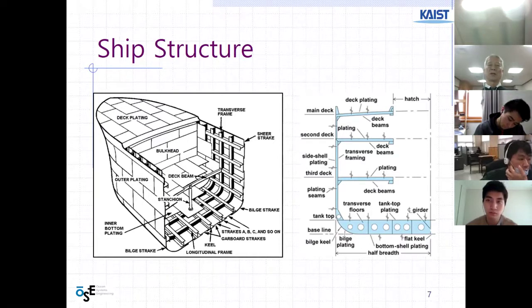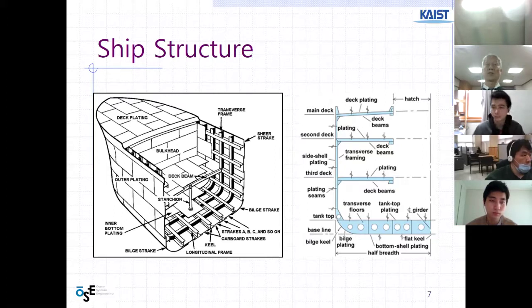And because the ship is big, even though the steel plate has a thickness of say 20 millimeters, that means 2 centimeters, it is very flexible because the length of the ship is 100 meters.